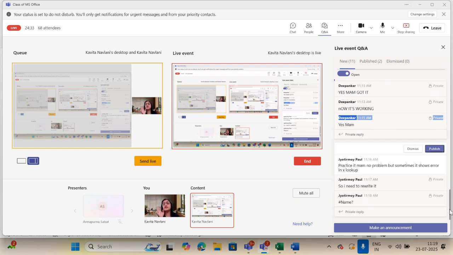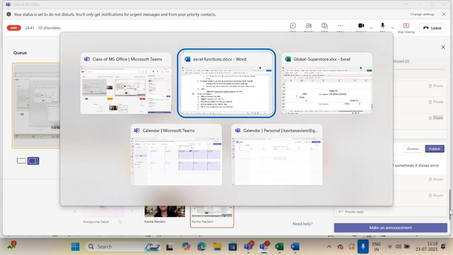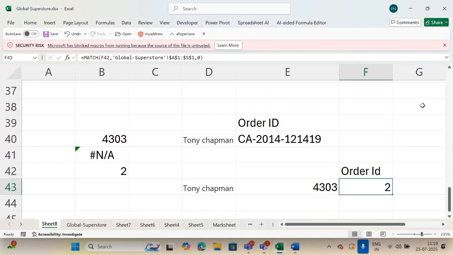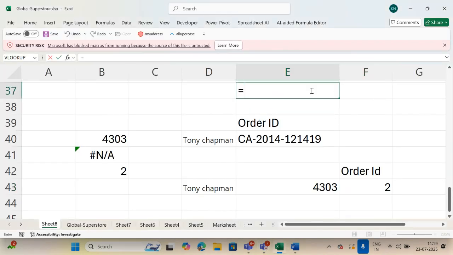So if you are trying to use it in the previous versions, then definitely you will get the name error because it is not available in the list. When you type is equal to XLOOKUP, it will not provide you the function in a list. So you should know that in your version the function is not available.